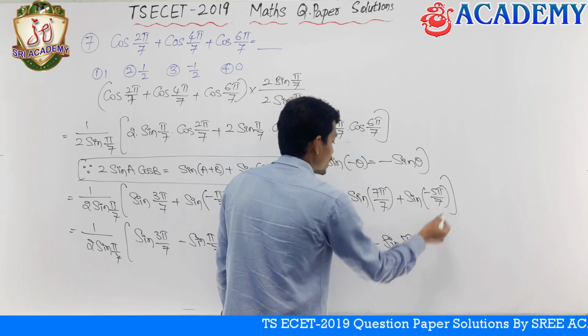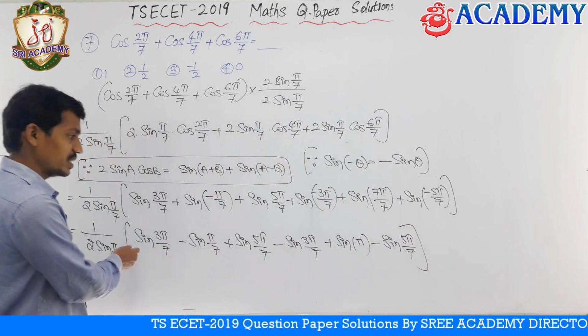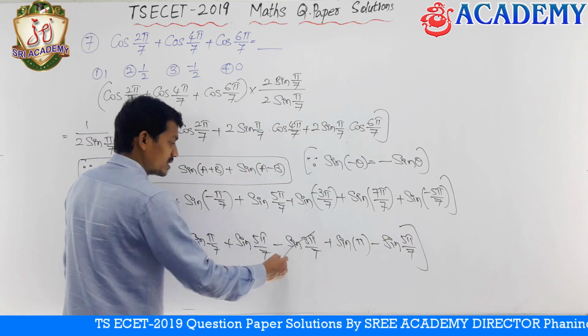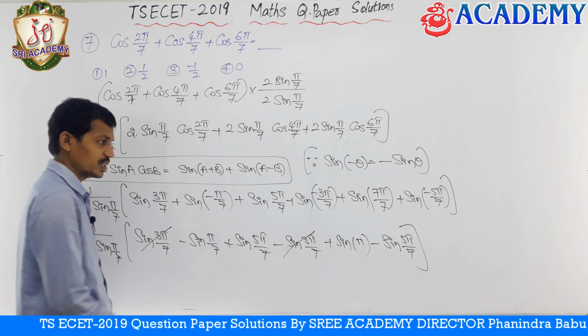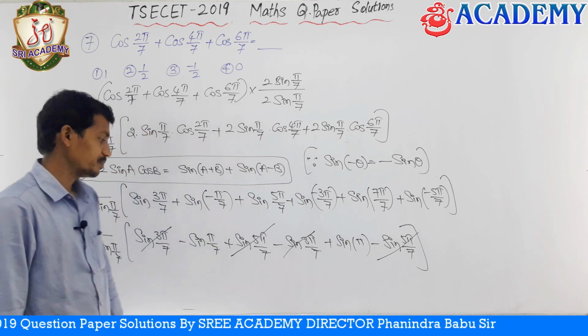Why? Because minus of theta, it's going to be plus. Sin pi by 7 minus sin 3 pi by 7 plus sin 5 pi by 7, it's going to be cancelled.